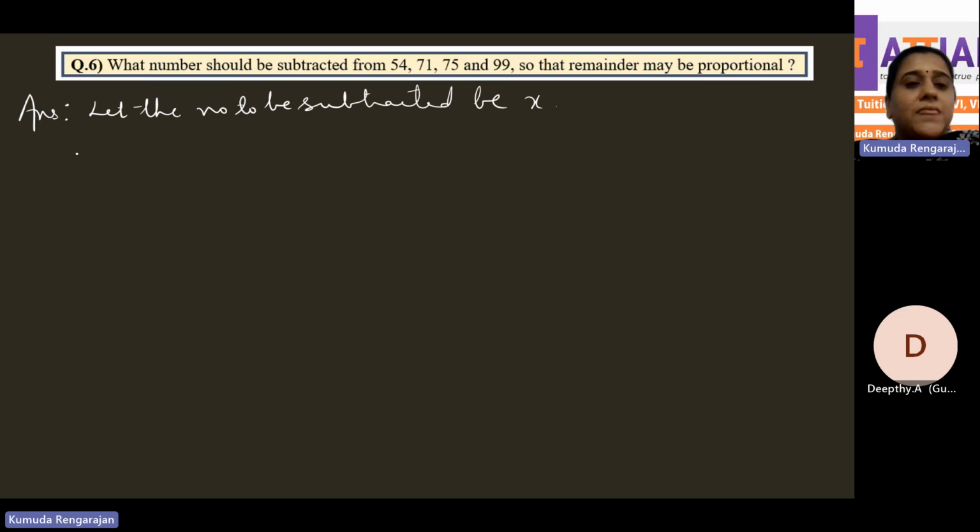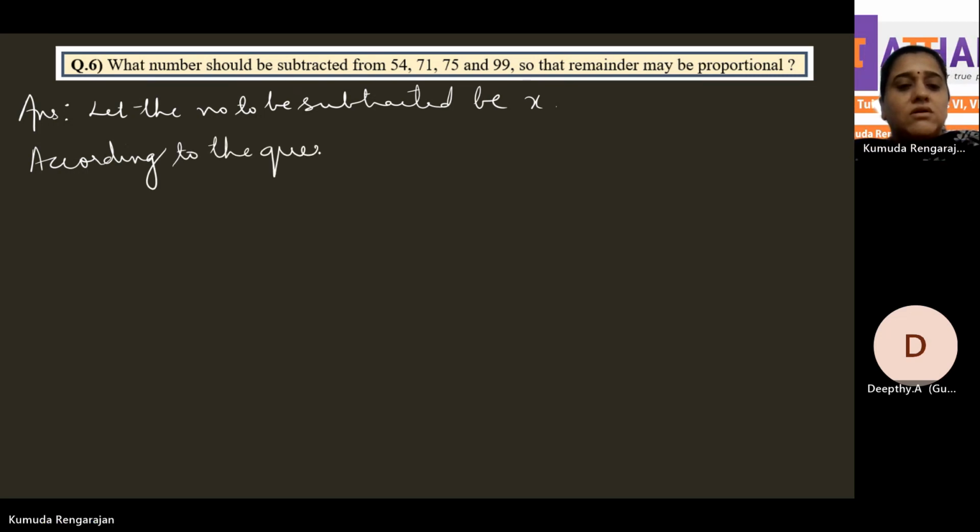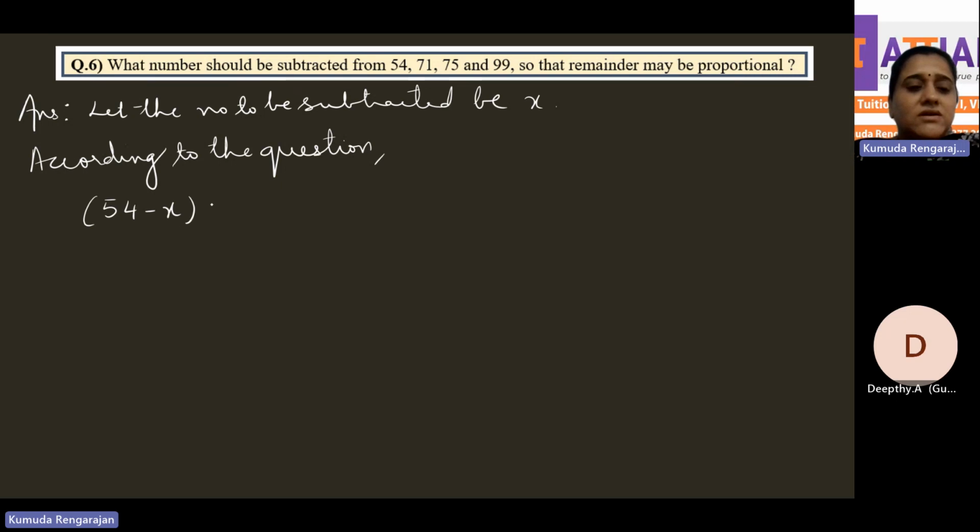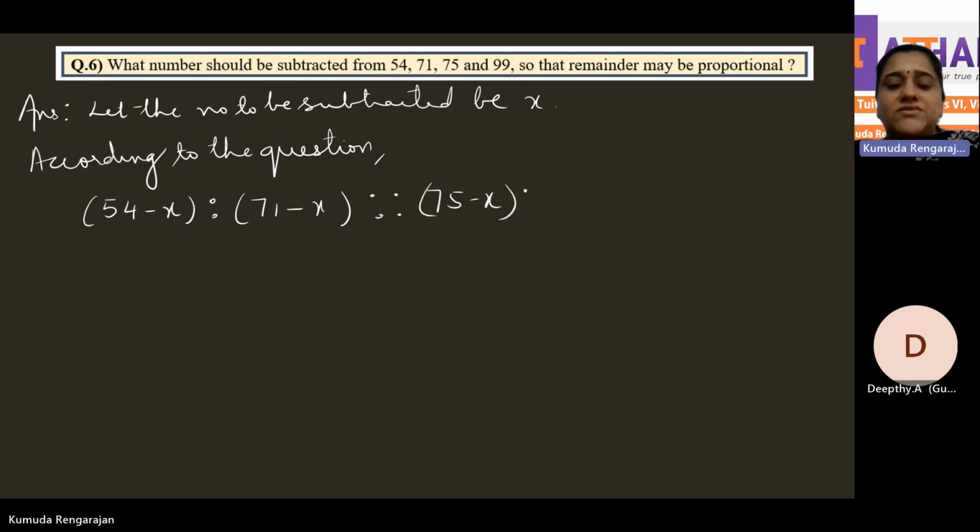So according to the question, 54 minus x is to 71 minus x as 75 minus x is to 99 minus x.